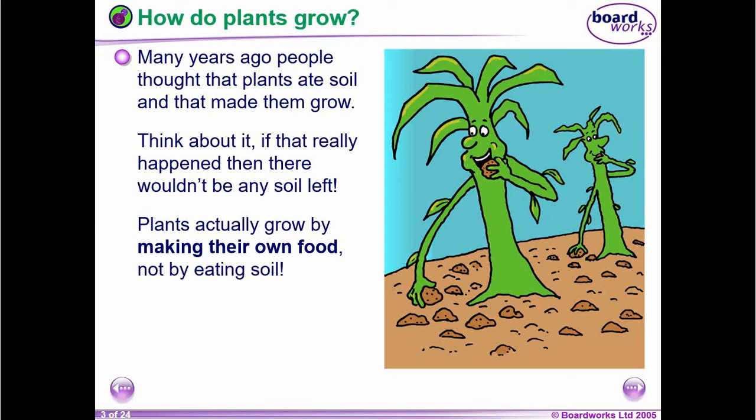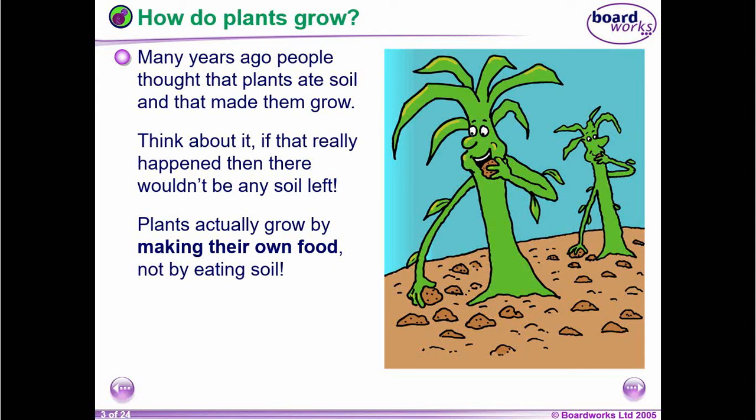A scientist called Van Helmont did an experiment to see from where the masses of trees come. He got a pot containing dry soil, and he weighed carefully the mass of the pot with the soil, and then he didn't add any more soil.